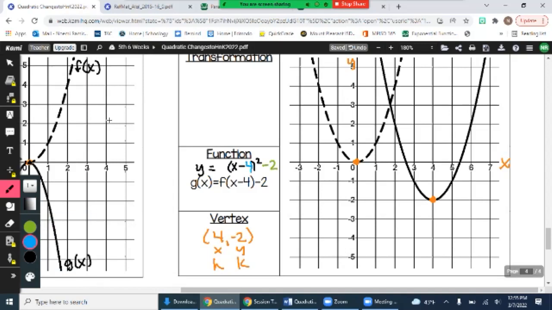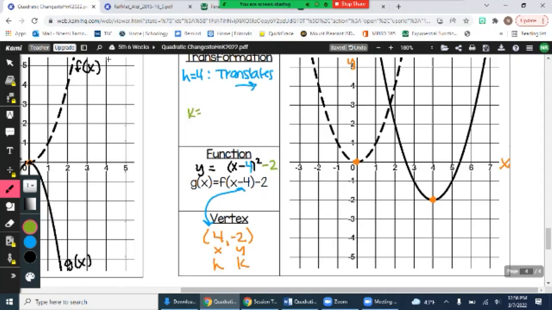I told you guys that with vertex form, the actual number will be opposite of what it is in the equation. It's minus 4 in the equation, but it's actually a positive 4, because the minus belongs to that equation. So if h is positive 4, which way will it translate? Translates to the right, positive.